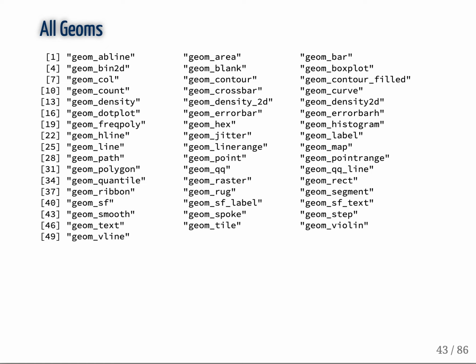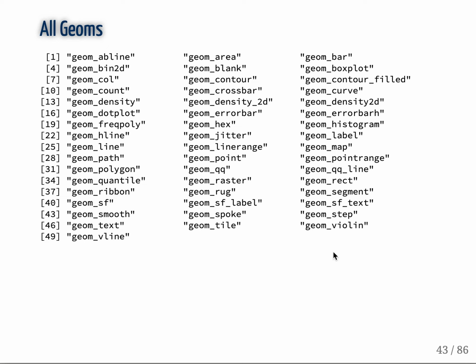This is a list of geoms available in the ggplot2 package. If you use the command help.search, within parentheses, the first argument is, in double quotations, geom_, comma, package equals, in double quotations, ggplot2.